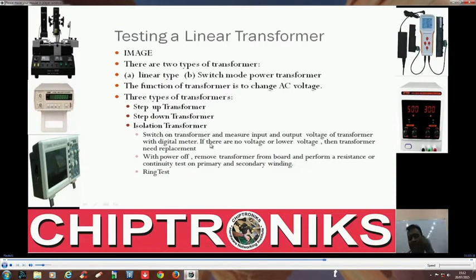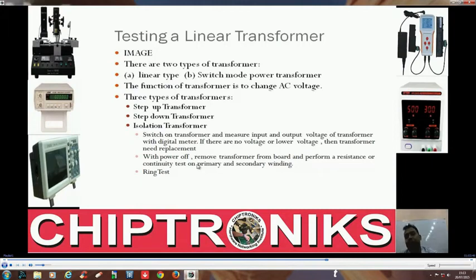So what exactly we measure in a transformer is the resistance of the wires, right? We measure the resistance and we perform a continuity check on the primary and the secondary winding. Wherever there is a winding, we will do a resistance and continuity test, like in an inductor.